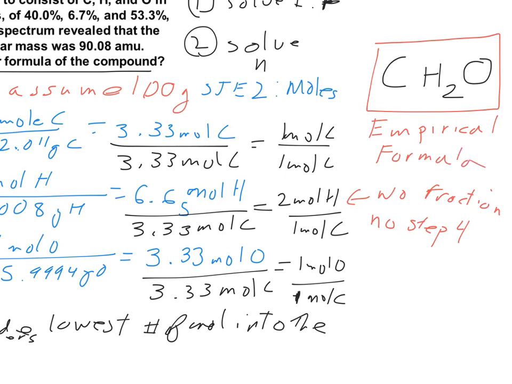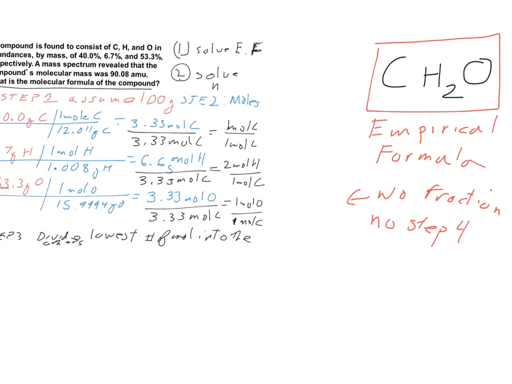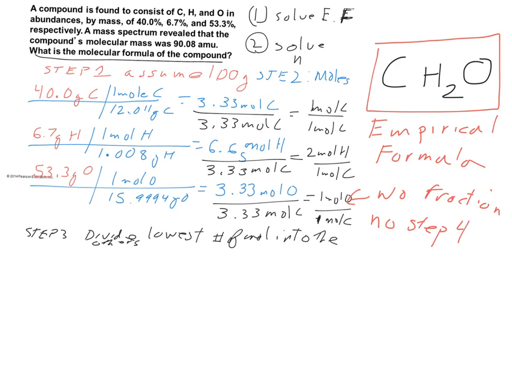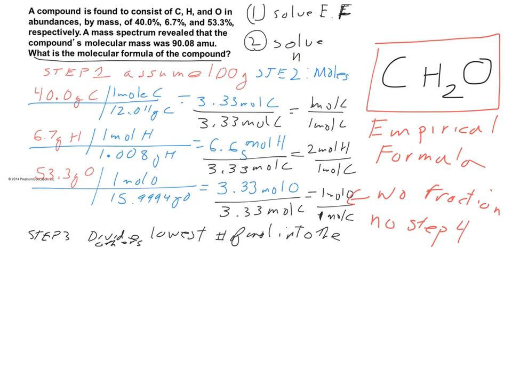So we're actually going to roll in those other things we were doing. We know, because of the problem, that the compound's molecular mass is 90.08. To get from empirical formula to the molecular formula, remember, the molecular formula is equal to a multiplier times the empirical formula.